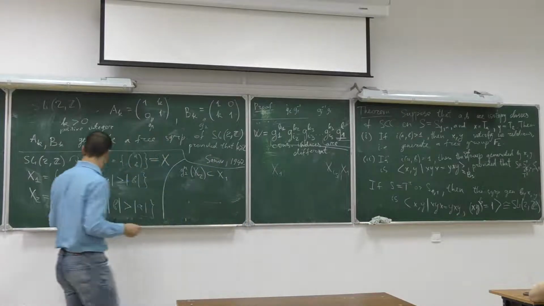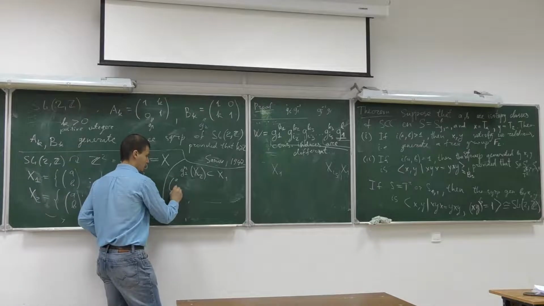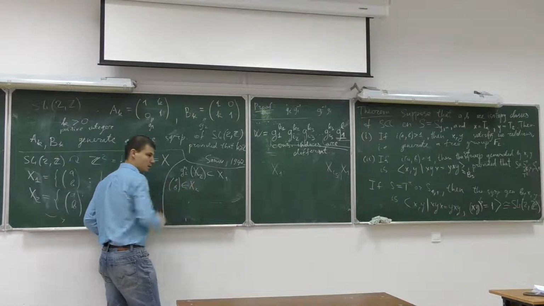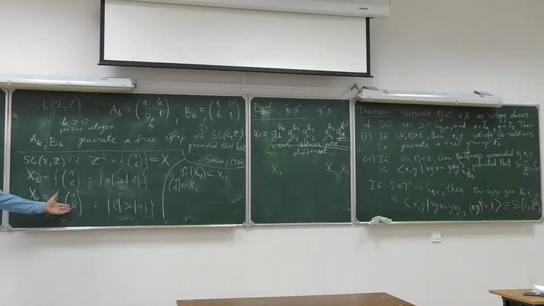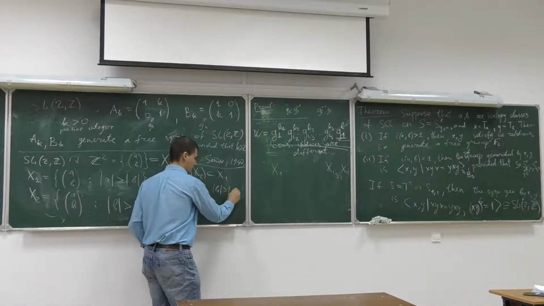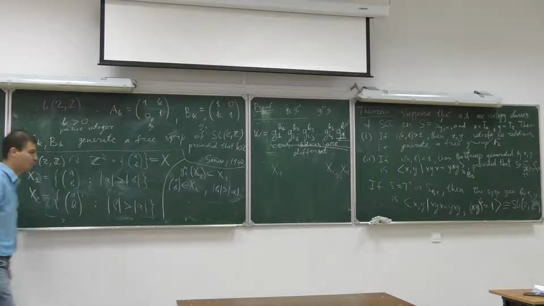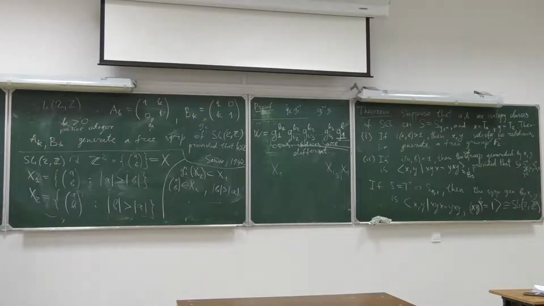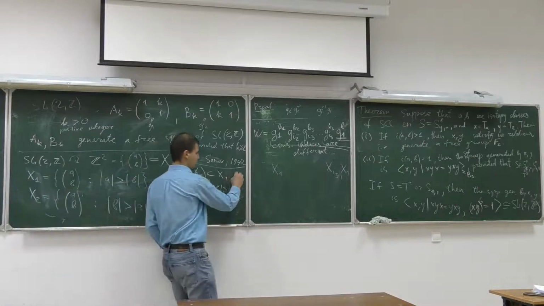Okay, if (A, B) is in X2, then we have this inequality: the absolute value of B is greater than the absolute value of A. And n is non-zero.